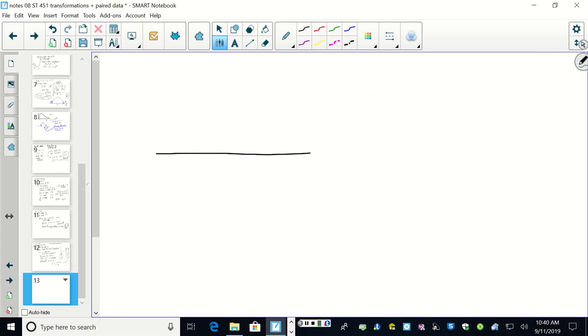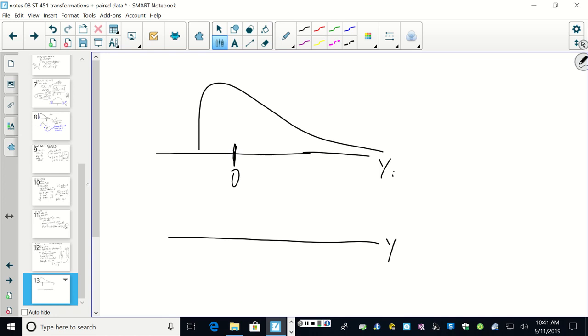If the y data is really skewed, and here's 0. Once you take the absolute value, this will be kind of interesting. It's kind of folded over. So there are these positive ones out here to 0, and then this negative portion over here flips around and it's over there too, to make everything positive.